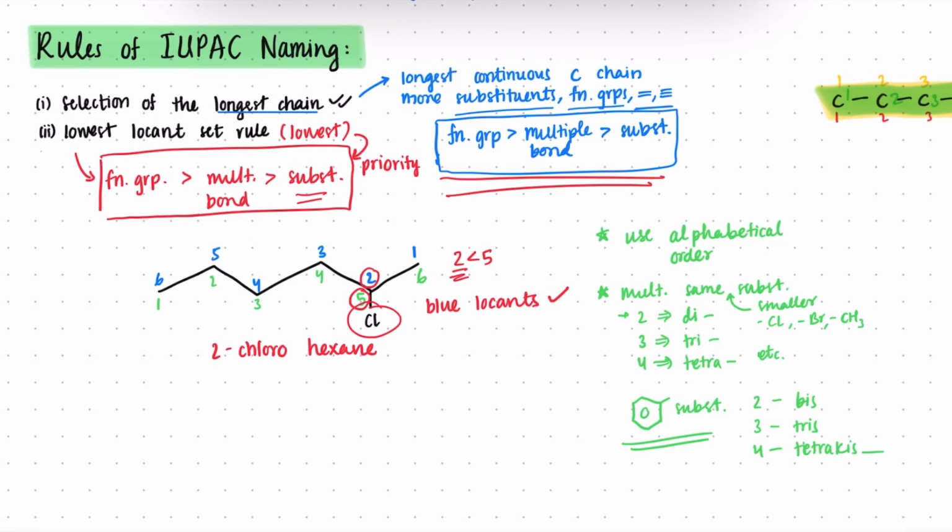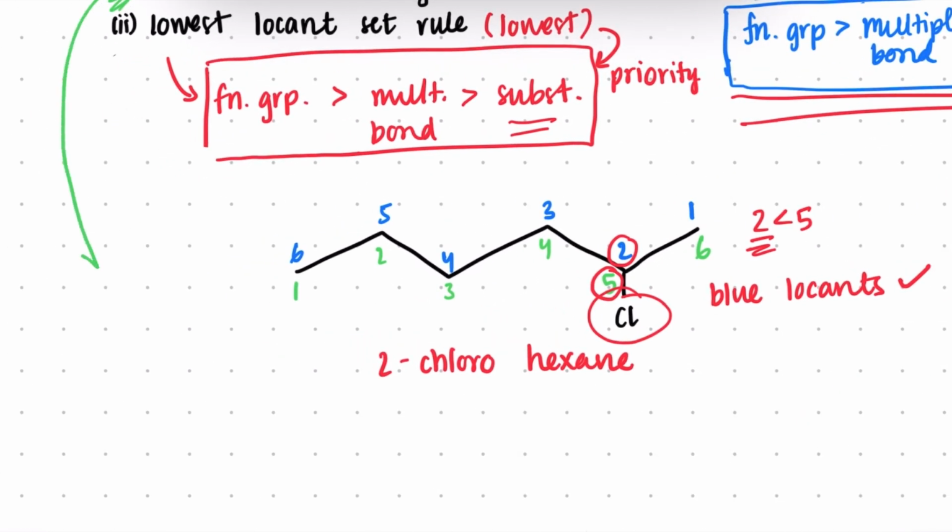Another thing that I want to mention, especially about the first rule that we have, is that even though, how do I describe this? Okay, see. Suppose there are 2 chains present in your compound. One is the longest, but doesn't have any substituents or any branching or any multiple bonds or any functional groups. There's nothing, just the fact that it's the longest.